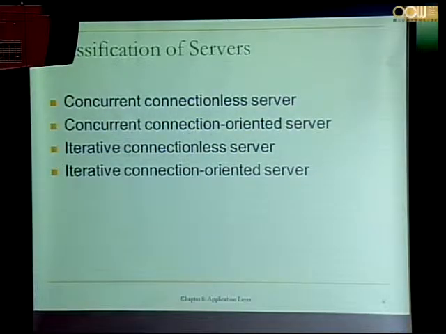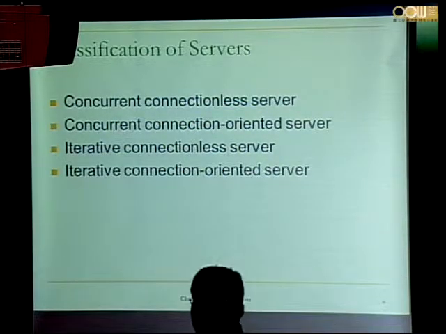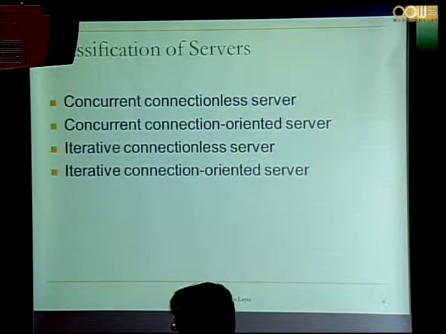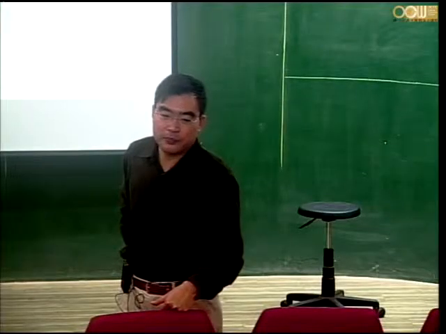But in the previous model, where you wait for 2 minutes and the server does not serve the next customer, we call it iterative. It means that the server cannot serve the next client before the current client ends its service time. Before the current client ends its service time, the server cannot serve the next client. Then we call it iterative.